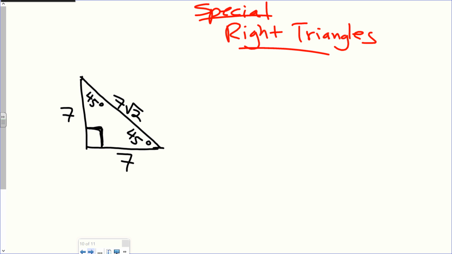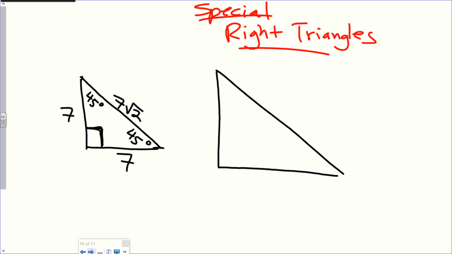Now, I'm going to draw the same triangle but bigger. Look at it, but bigger. Do that with me on your notes. Give me the right angle. So I just increase the size. So there's different types of special right triangles. There's 2 of them. Yeah, 30, 60, 90.